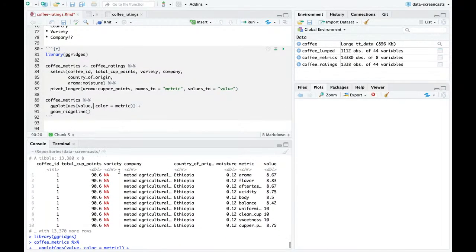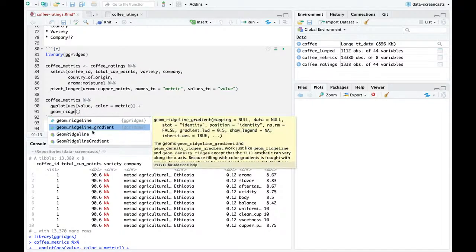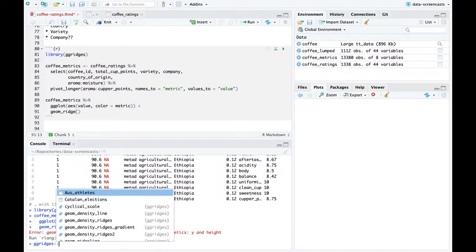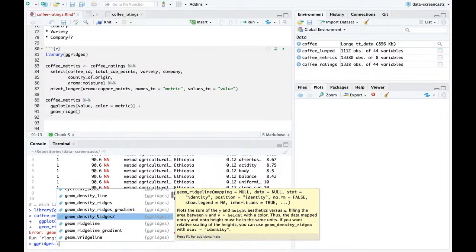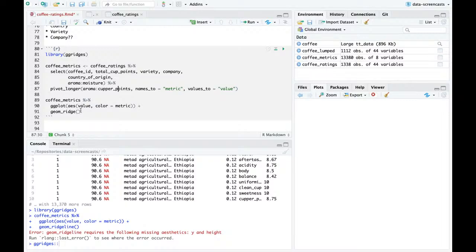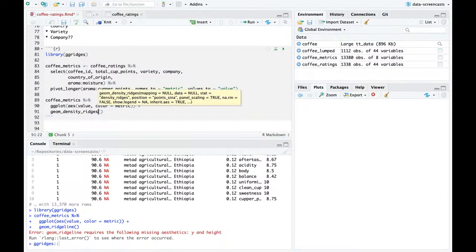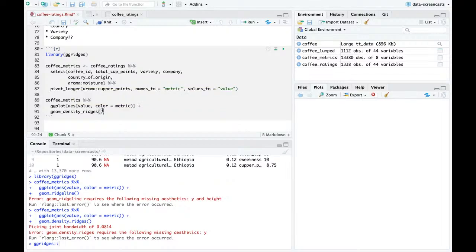Is it ridgeline or ridge? It's actually been a while since I did ggridges. Geom density ridges. Thank you. Yes, so Thomas got me covered after that.